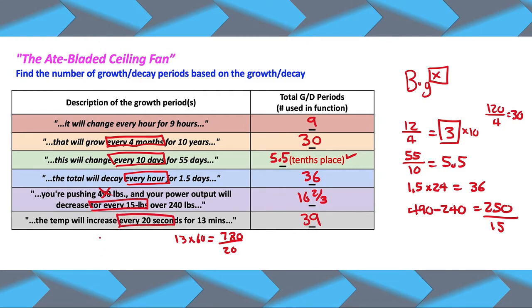If you find the total number of units, the total number of months, days, hours, 15-pound increments, or seconds, and take the total and divide by 1 growth or decay period, then you'll get the number of growth periods.